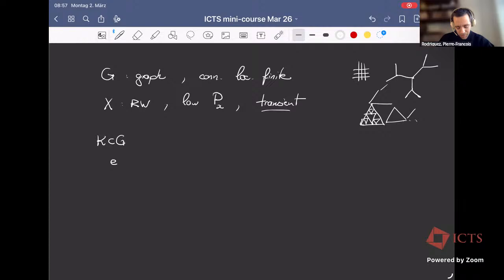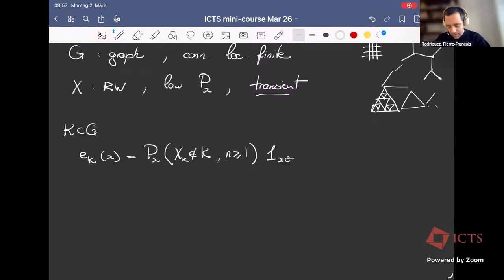There's something called the equilibrium measure of K, which is a measure, but everything's discrete, so you don't really need to distinguish functions from measures. For probabilities, this is just the probability that the simple random walk started at x never returns to K again, so X_n not in K for all n greater or equal to 1, whenever x is in K.